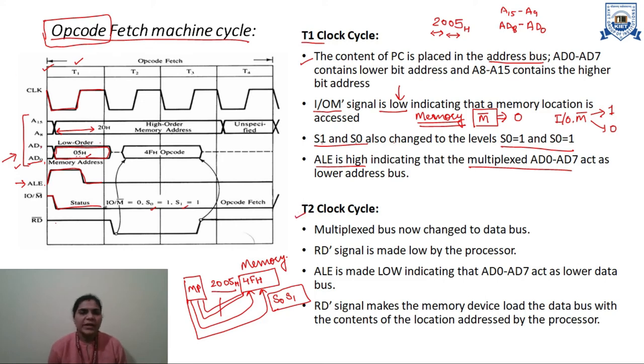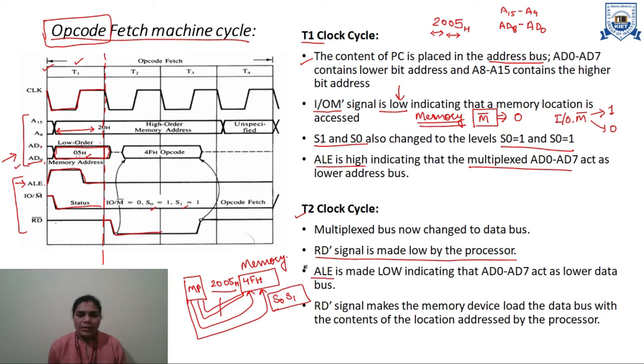In T state T2, once the address has been placed on the address buses and the corresponding signals have been activated, in the second T state the read signal is made low by the processor. In T state 2, the read signal is being made low by the microprocessor, indicating that this is a read operation.